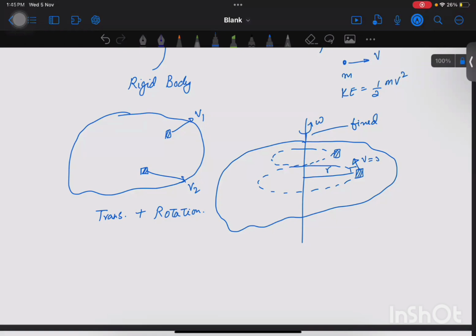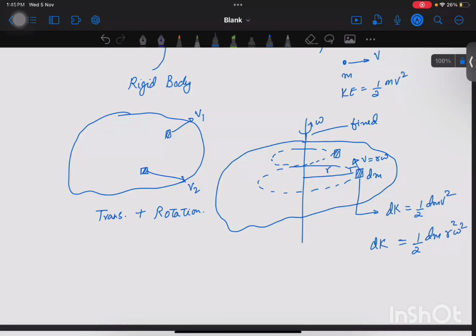We can write the v value as r omega also. So the small amount of kinetic energy of this particle, which has a mass of dm, is nothing but how much? Half mass into the square of the speed, correct? And what is the value of this v? Can we write it as r square into omega square?